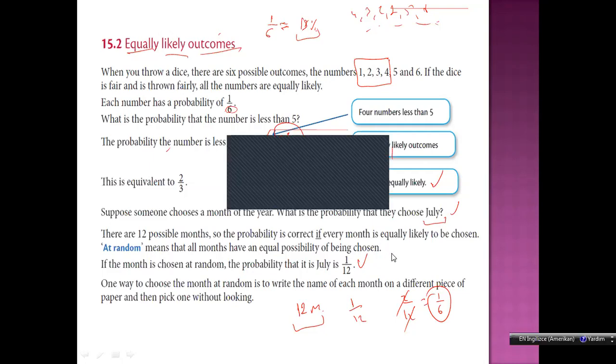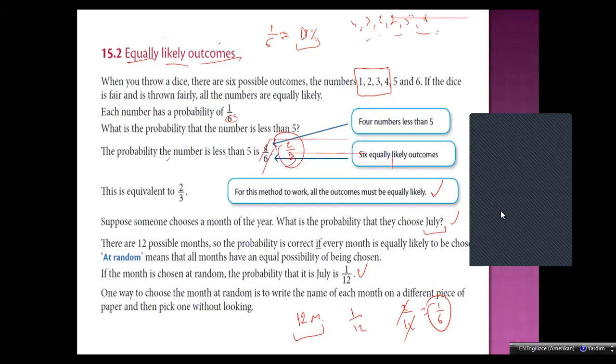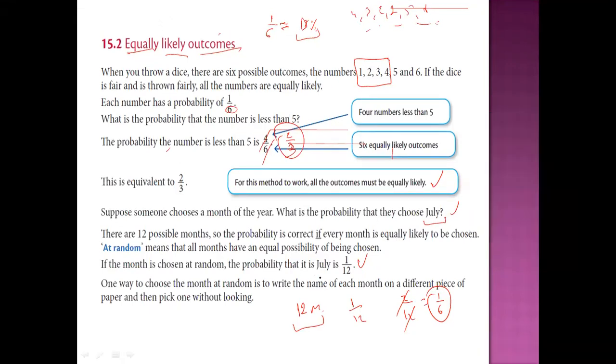just a moment, we have a calculator, 1 over 12 is 0.083. So one way to choose the month at random is to write the name of each month on a different piece of paper and then pick one without looking.